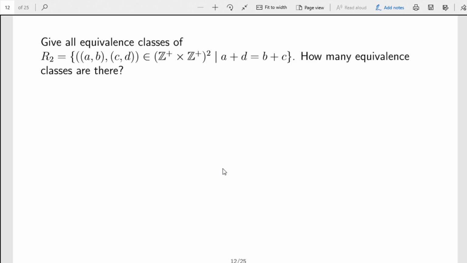The pairs (a, b) and (c, d) are in R2 if they satisfy a plus d equals b plus c. Now we could restate this slightly differently to make our problem slightly easier.